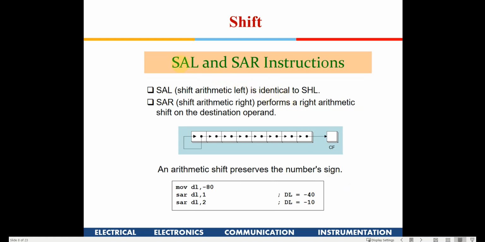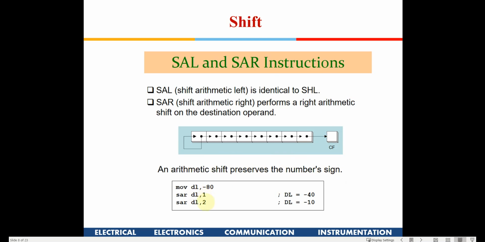Now you have something known as the shift arithmetic left and shift arithmetic right. Right? Okay. In the shift arithmetic right operation, if you see, this data, the sign bit, will be preserved here. The rest of the data will be shifted towards the right, and whatever is the LSB data will go into the carry flag. It preserves the number's sign.